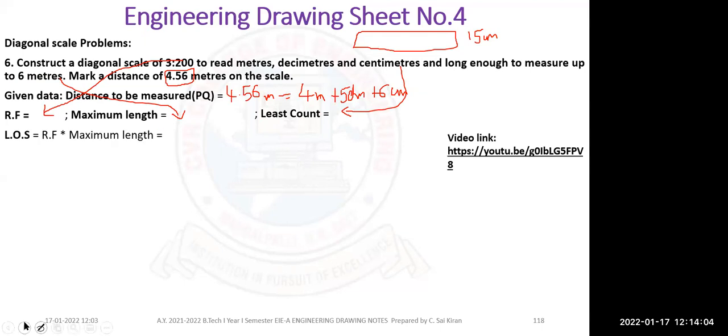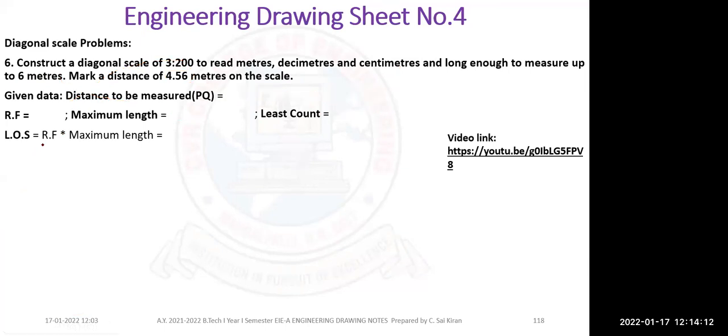Next, you have to calculate LOS. Can anyone tell me the LOS value? LOS formula is RF into maximum length. And here the maximum length is in meters. You have to convert meters into centimeters. 1 meter equals how many centimeters?